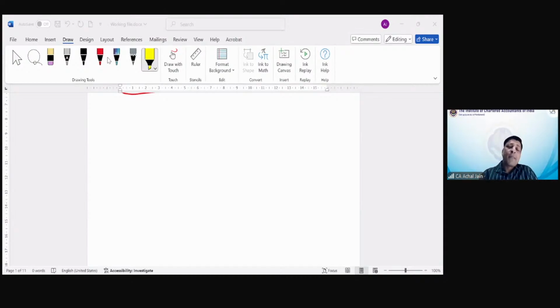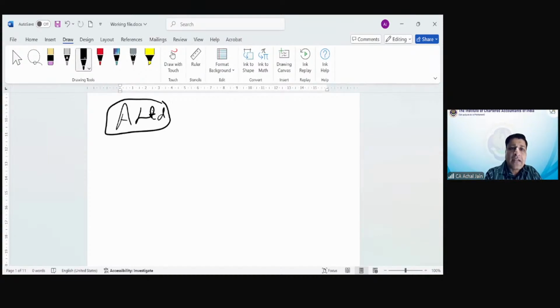Sometimes, for example, say there are two parties. So let's suppose once again, we have A Limited and the customer. Let's suppose the customer is the authority.